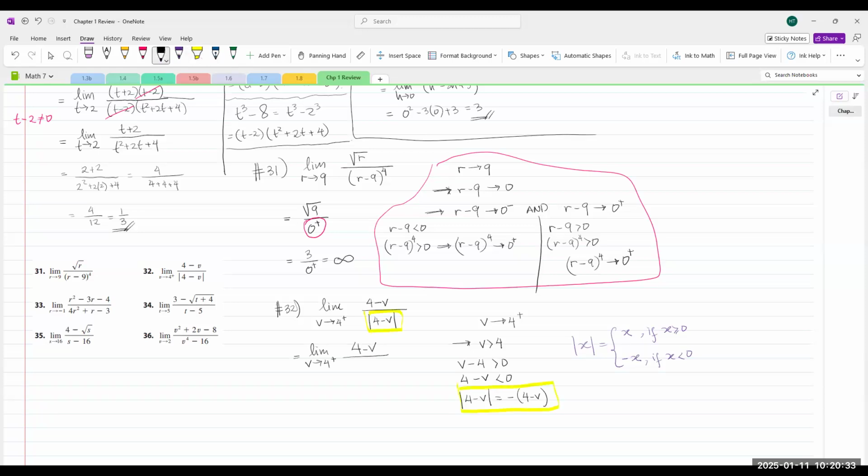Okay, this is negative of 4 minus phi. X approaching 4 means x is not 4. So now I can do the cancellation. When we cancel 4 minus phi, we get negative 1, right? Limit of a constant is just a constant.